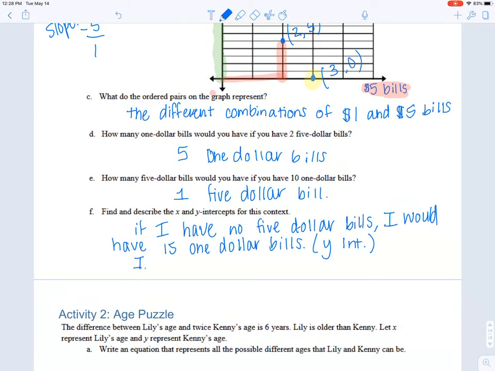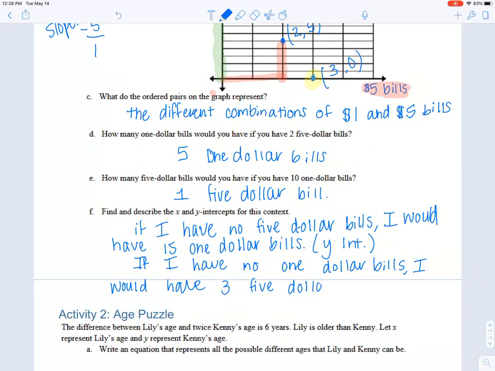And if I have no $1 bills, I would have 3 $5 bills, which describes the x-intercept.